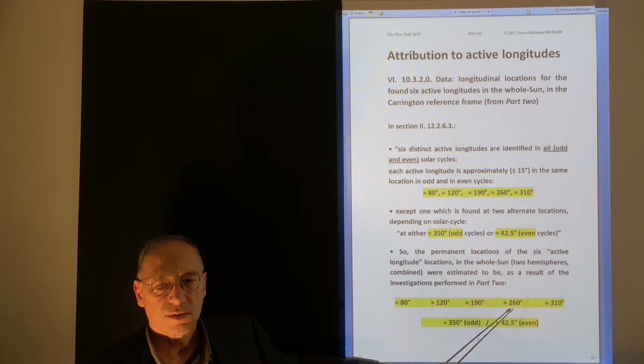So these would be the permanent or persistent locations of persistent sunspot groups.